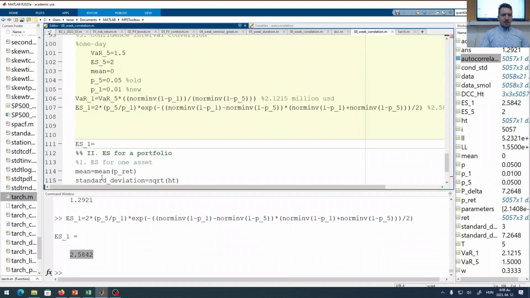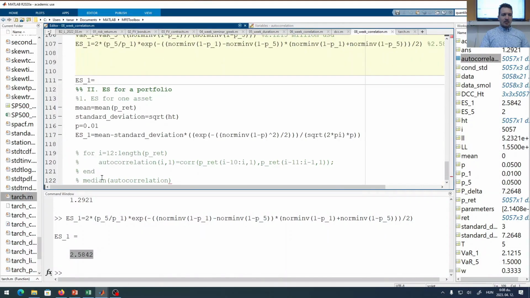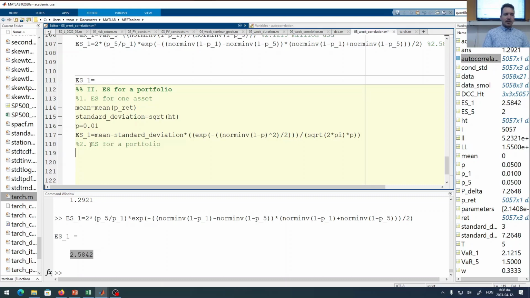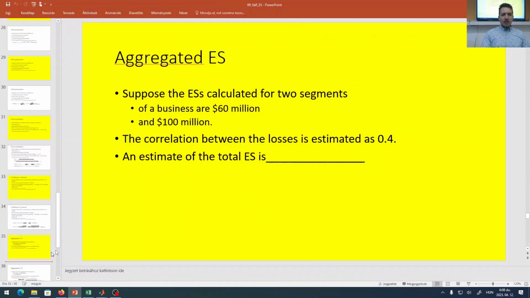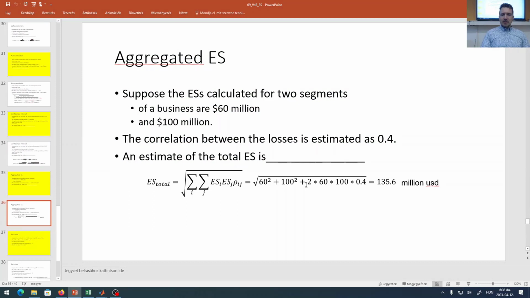So, ES for a portfolio. Practically, we just have to build up the... This is why I did not like this kind of description, because practically it looks like a portfolio, but not with the standard deviation of the portfolio, but with the expected shortfall of the portfolio.